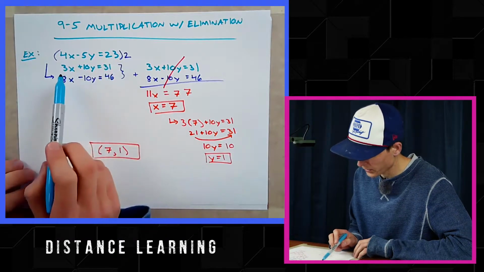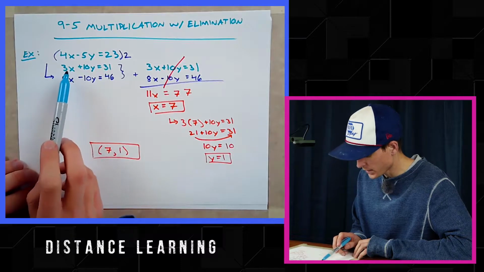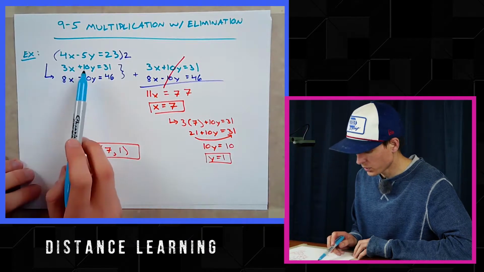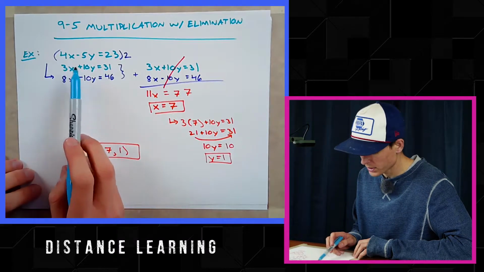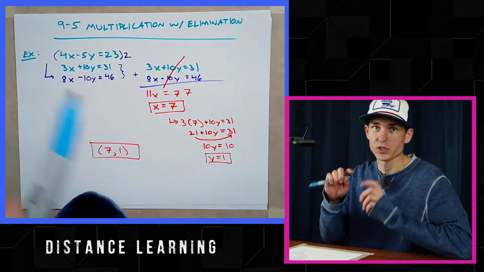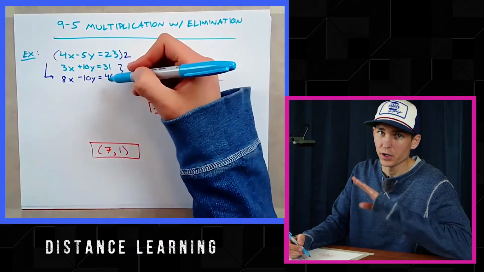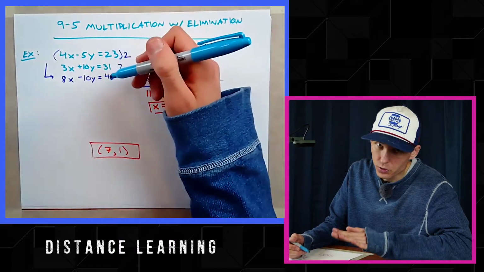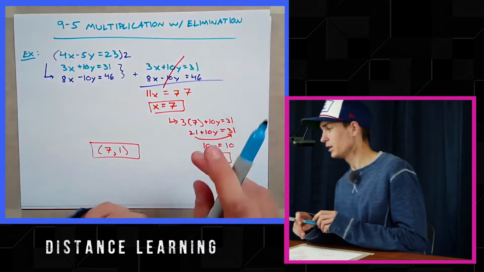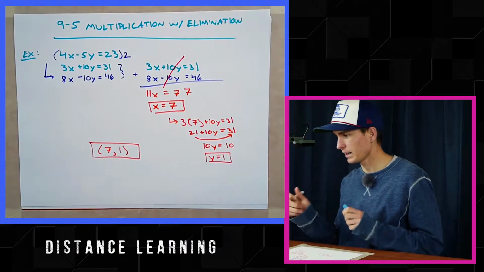Checks out there. Now the other one: 3 times 7 is 21 plus 10 times 1, which is 10, so 21 plus 10 is 31. It works for both, that means your answer is right. If your answer works for one of them but not both, you're wrong. If it works for none of them, you're also wrong. So don't be wrong. Being wrong is bad.